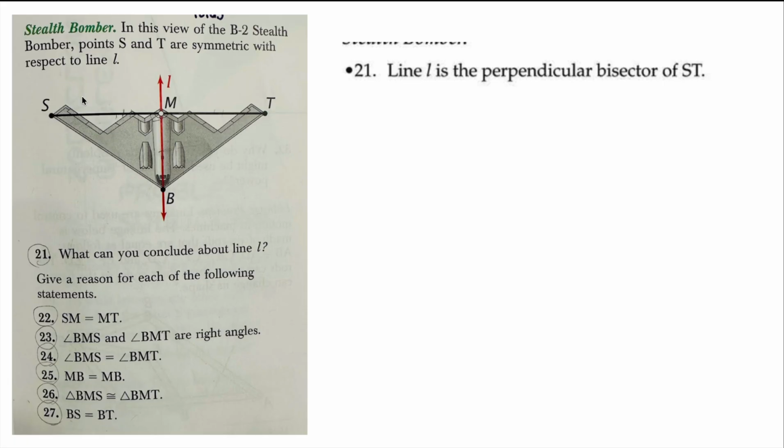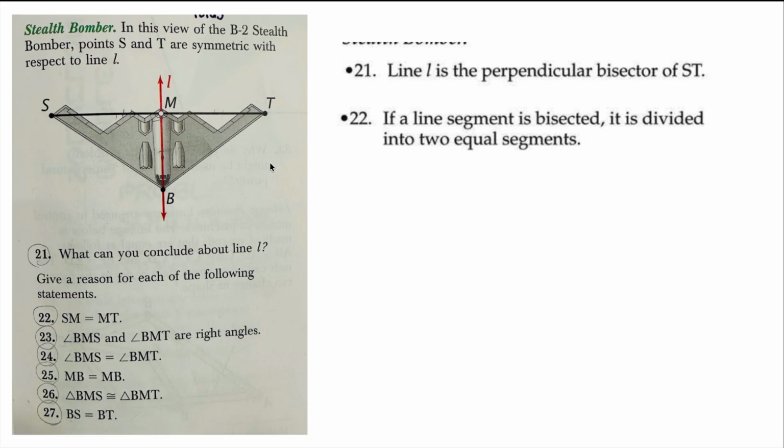Number 22, SM is equal to line segment MT. We know this because if a line segment is bisected, it is divided into two equal segments. Bi, meaning two, and then here, two equal segments.